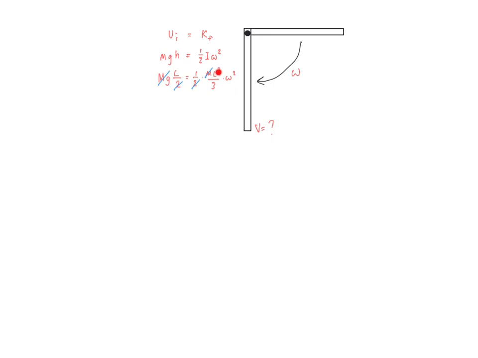What I'll actually recommend against doing that for right now, because this v down here, remember v is equal to, for rotating objects, r times omega. And in this case, the r, the distance from here to the rotation point, is that distance L. So v is equal to L times omega.